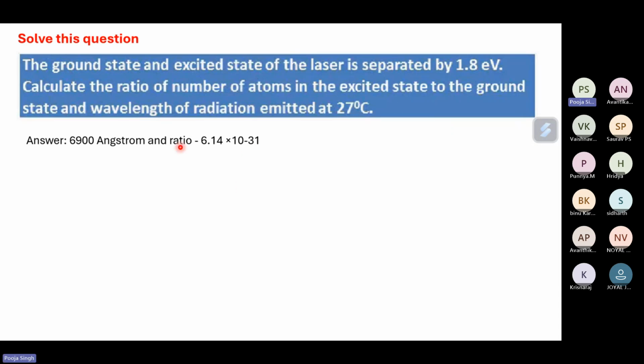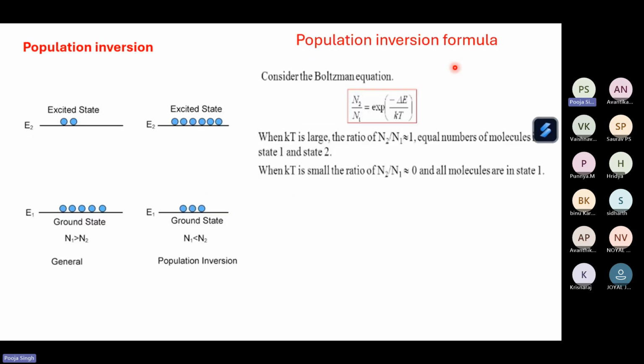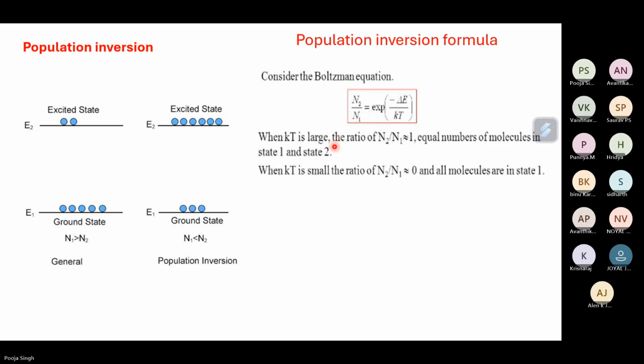Can anyone solve it? Just try to solve it. It's nothing, just use the formula I have shown you: N2 by N1 is equal to e to the power minus delta E by kT.